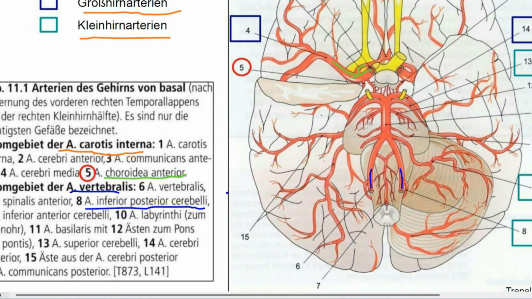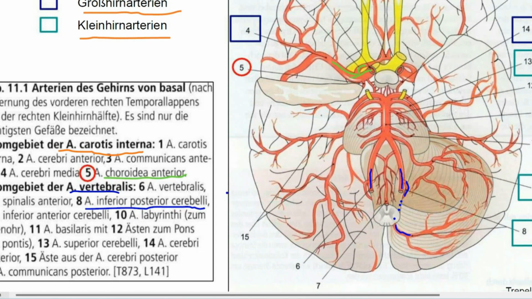This artery goes down, that's why it's called inferior. It goes down from the back, then it comes here, from the cerebellum, so posterior, and then cerebellar.